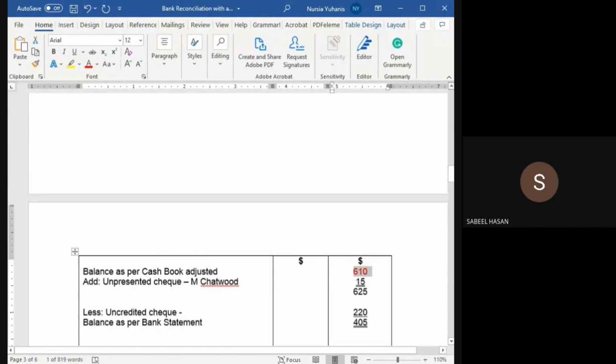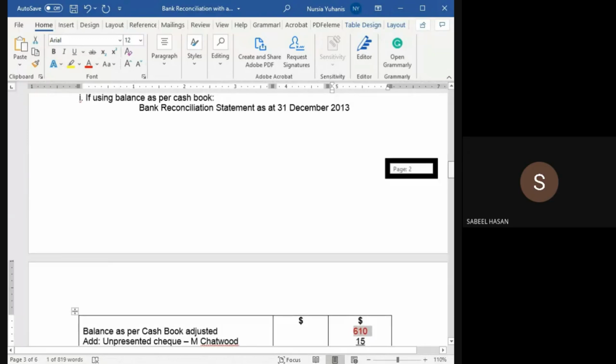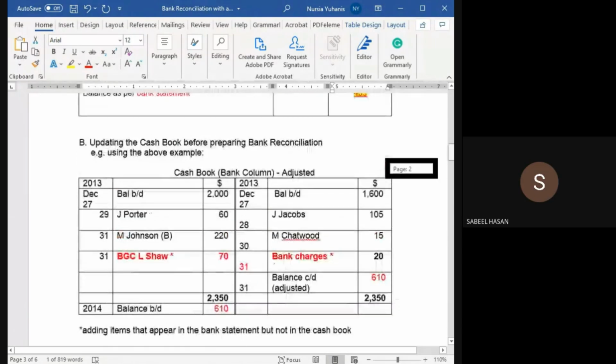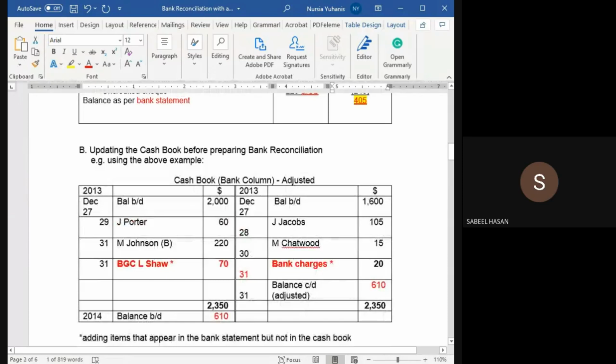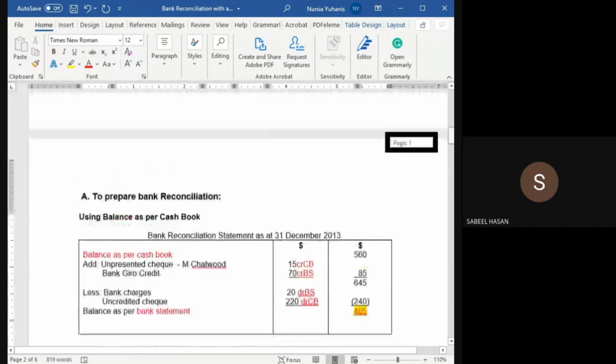610, how did you get 610? Okay, I go back to the adjusted cash book here. Once they added the bank giro credit and also the bank charges, of course with the plus and minus, the balance c/d will become different. Now it's 610. Before this, it was 560.